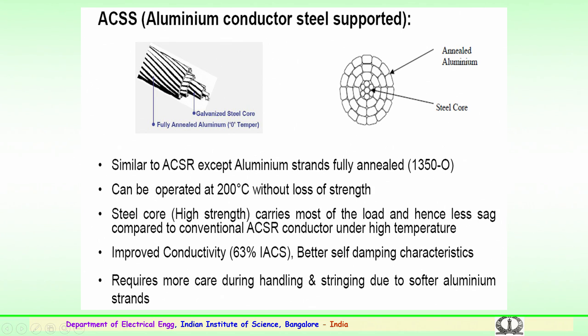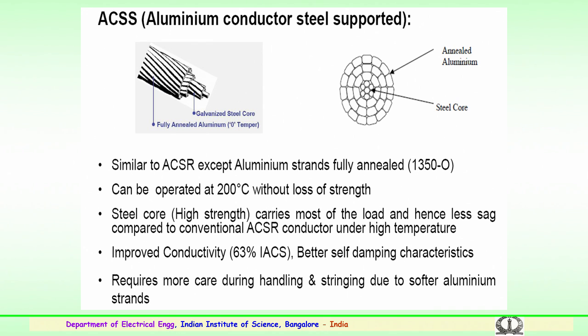Here the steel core of the conductor, which is of very high strength, carries most of the load, and hence lesser sag is noticed in comparison to the conventional ACSR conductor operating under high temperature.